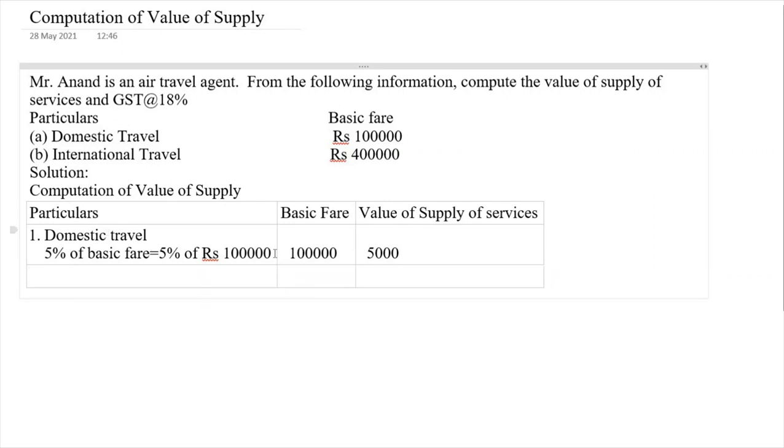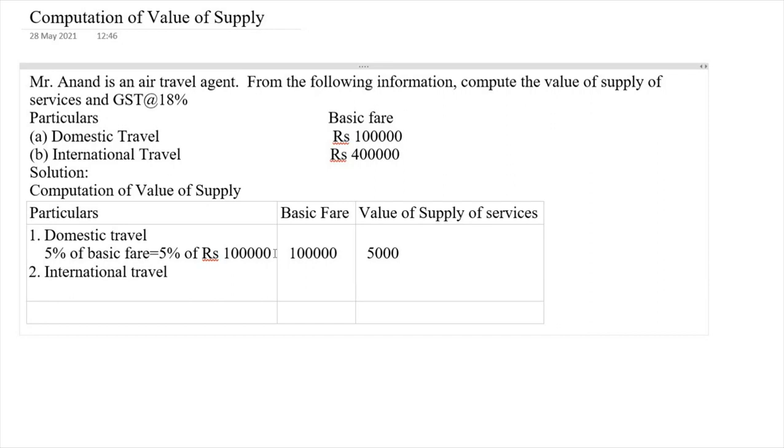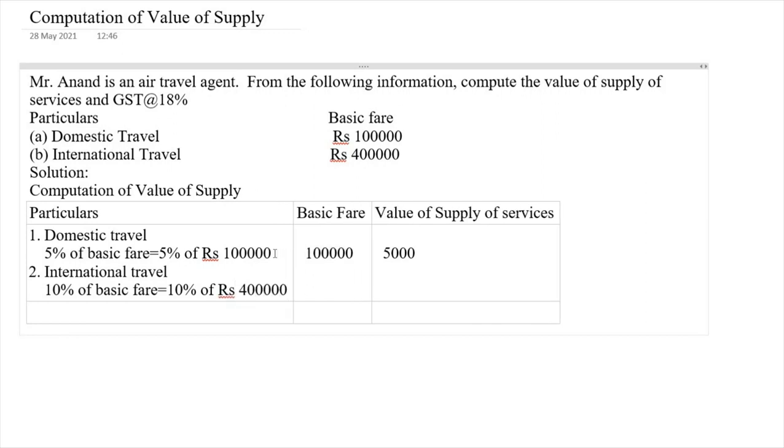Then the next one here is international travel, which comes to 10% of basic fare, which equals 10% of rupees 4 lakhs, which comes to rupees 40,000.